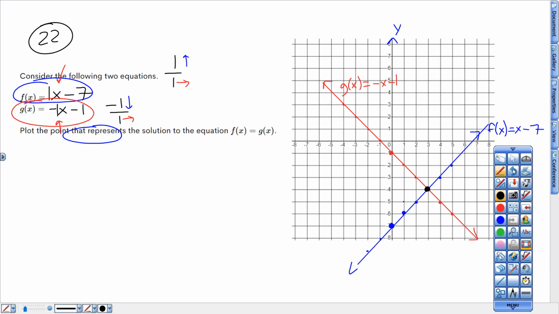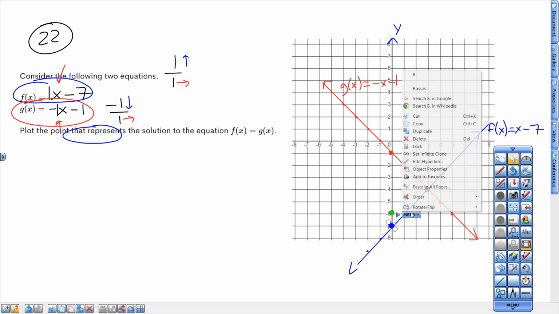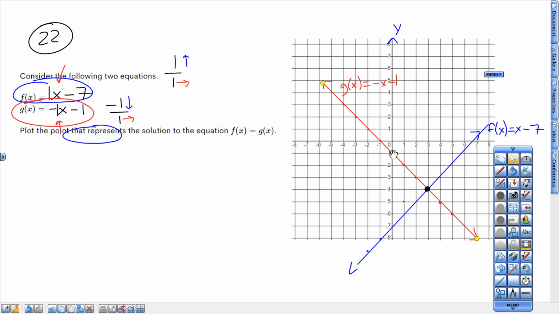So those people really listening to me, my real listeners, really what you're going to be doing is only plotting that point on your graph. Let's see if I could delete some of these points right here. Yep, I can.